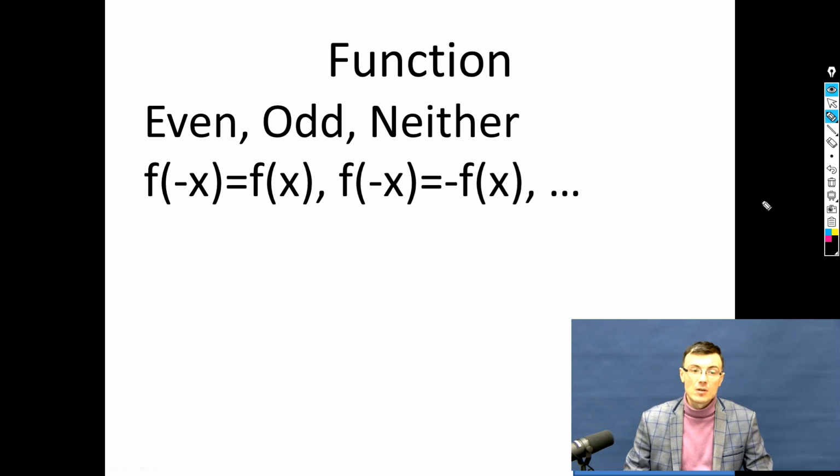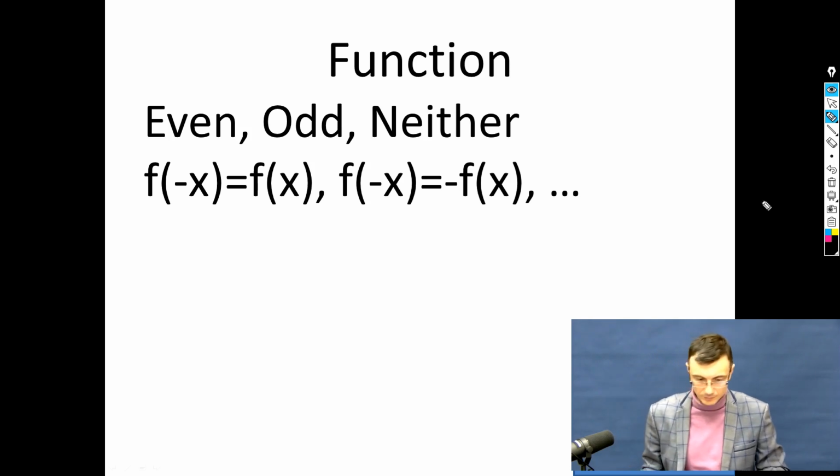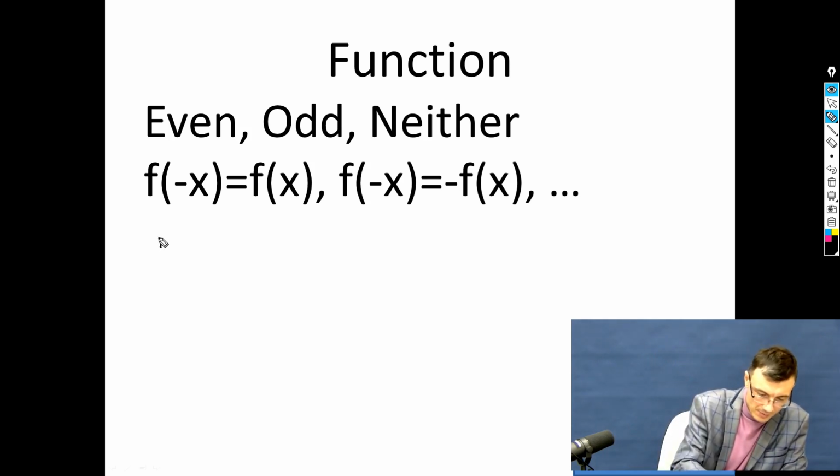Next step of studying function will be if the function has odd or even parity or neither of them. So let's have an example. We have the function like that.